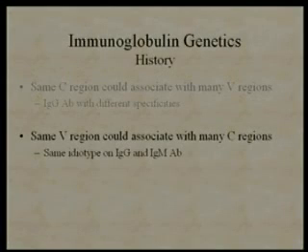And the idiotype, remember, is a variable region marker, so it meant that they had the same variable region. So here you have the same variable region on two different classes of immunoglobulin. So the question can be asked: how can you have a situation like that? How can you have the same constant region associated with a lot of variable regions, or the same variable region associated with a lot of different constant regions?